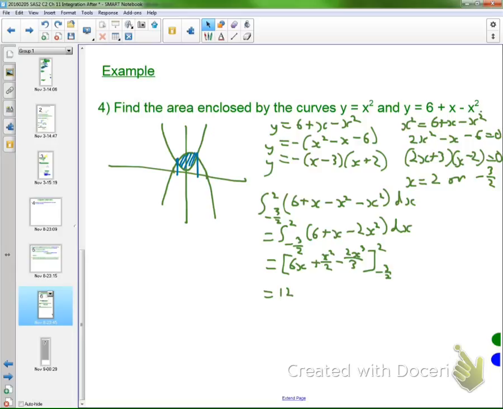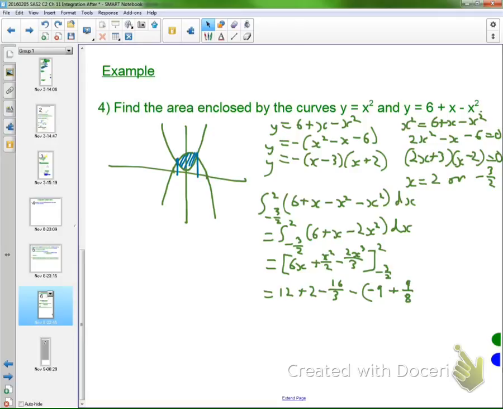So this gives us 12 plus 4 over 2, which is 2, subtract 8 times 2 is 16 over 3, subtract, we have negative 3 over 2 times 6, which will give us negative 18 over 2, negative 9. And then we have 9 over 4 over 2.